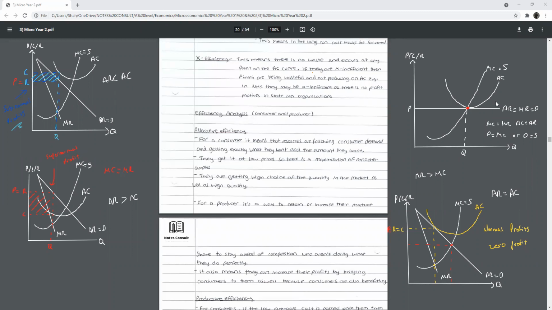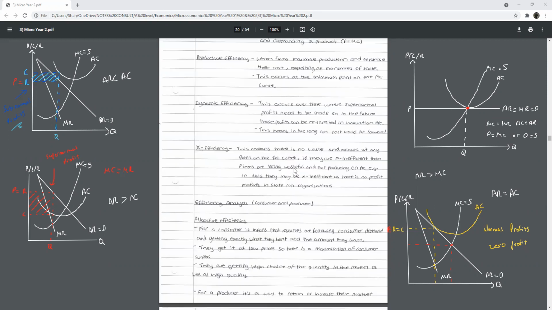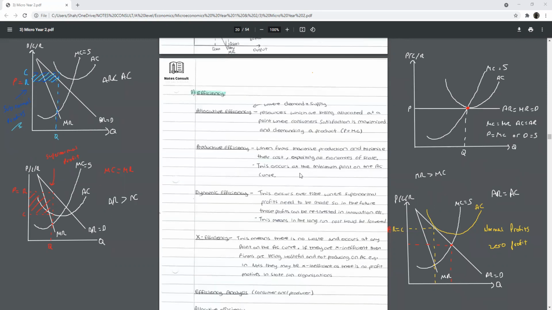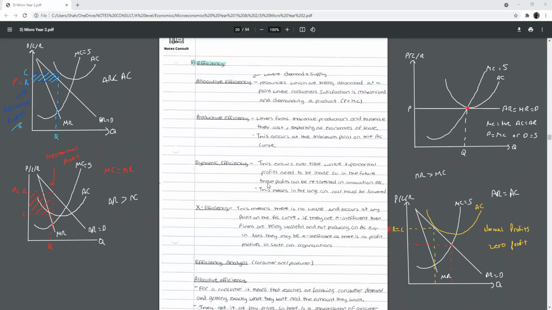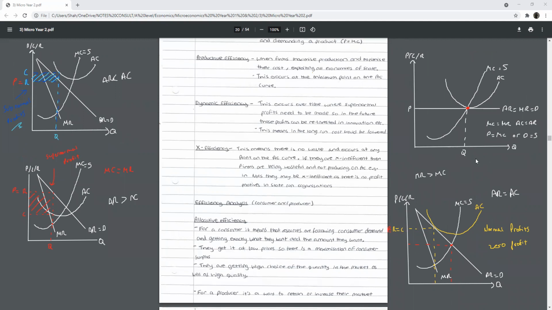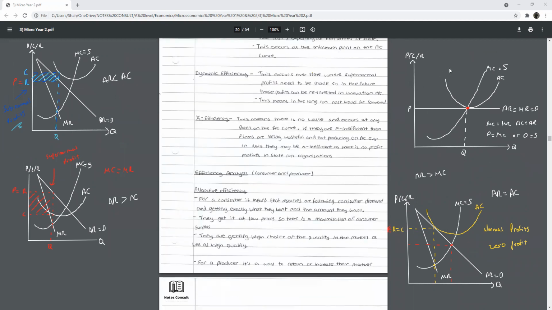But how do you analyze this diagram? One very good tip is analyzing it through the different types of efficiencies that they hold. So we can see that the perfect competition diagram holds that it's allocatively efficient, productively efficient. They're not dynamically efficient because they don't make profits, but they are also X efficient, okay? So that's four things that you could describe about just this perfect competition diagram in terms of their efficiencies.